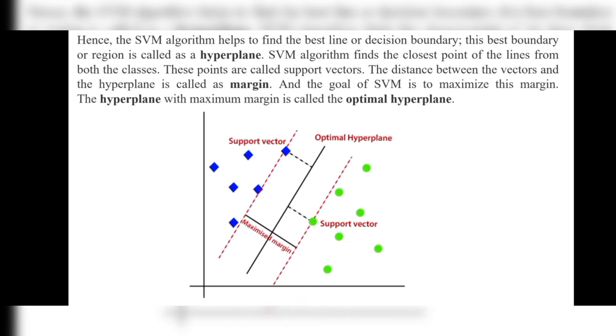This best boundary or region is called a hyperplane. I also mentioned this hyperplane in the previous video. The SVM algorithm finds the closest points of the lines from both the classes. These points are called support vectors.